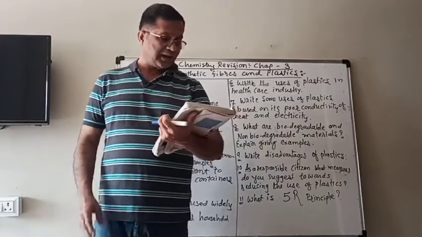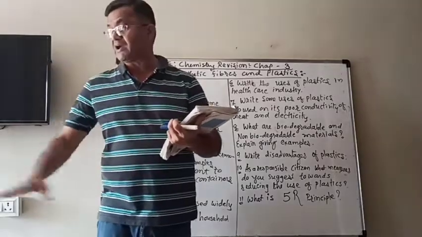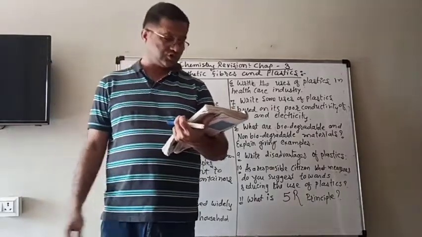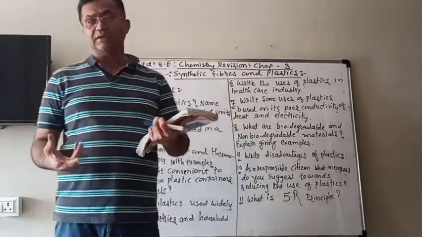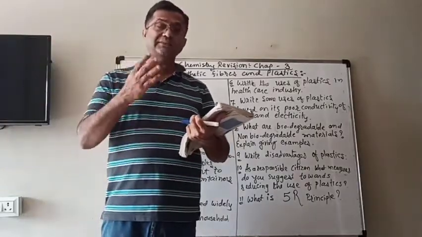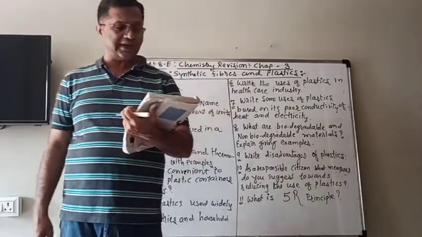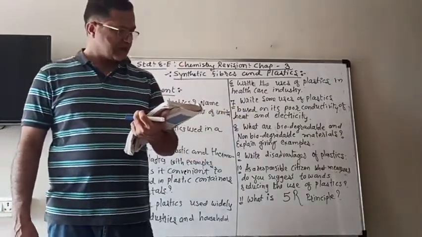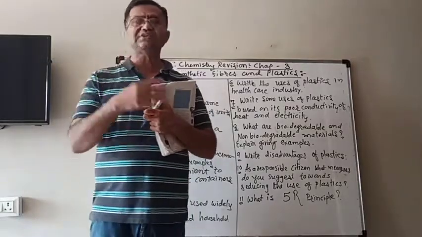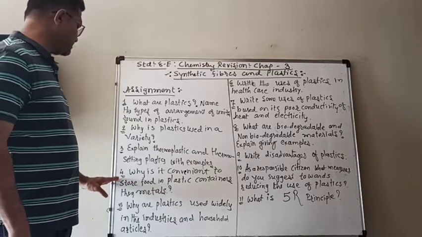Melamine is also used to make fireproof tiles, because when there is fire they will not melt or burn, and so they are used in some other examples like that. So now we see that there are two types of plastics, thermoplastics and thermosetting plastics.